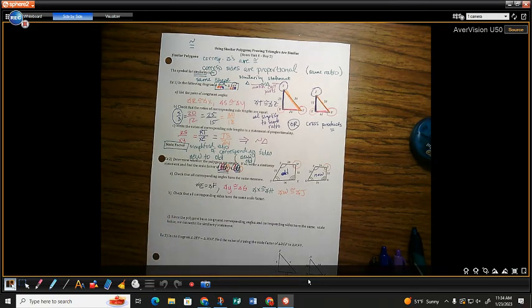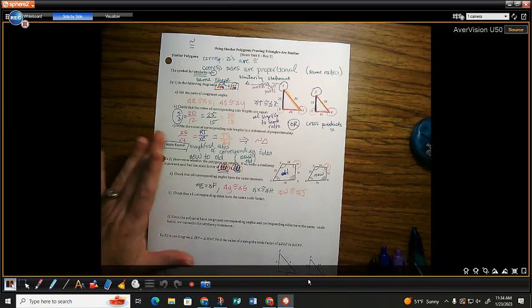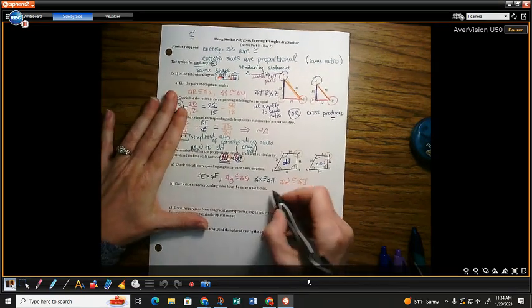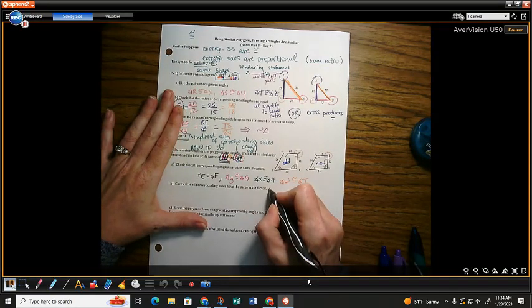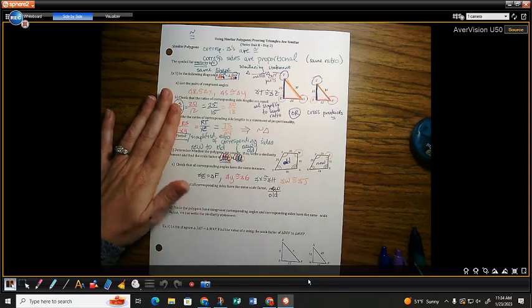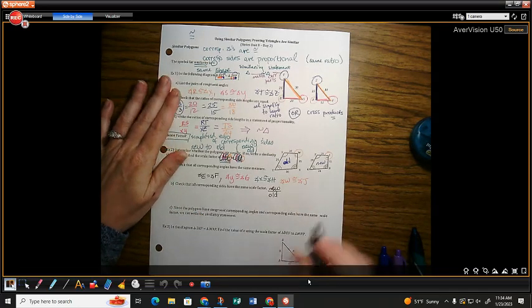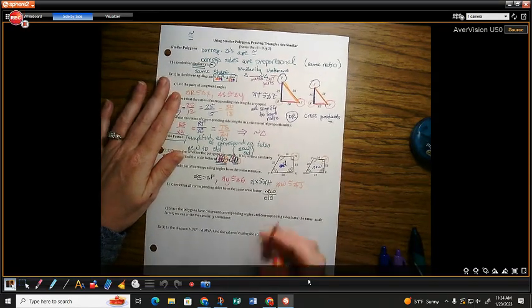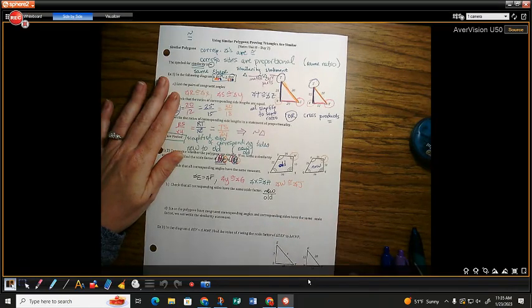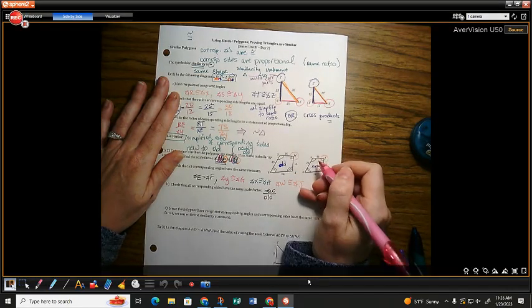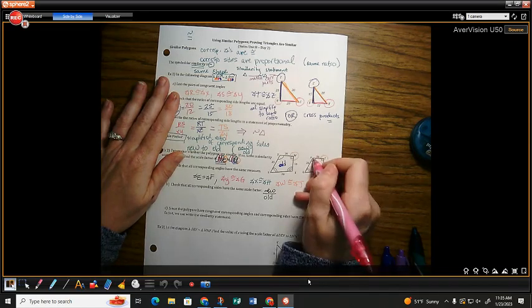And here, let's do it with scale factor. That means let's do it in a certain order. Scale factor says to do it in what order? New to old. Okay? So what's one of my new sides? FJ.